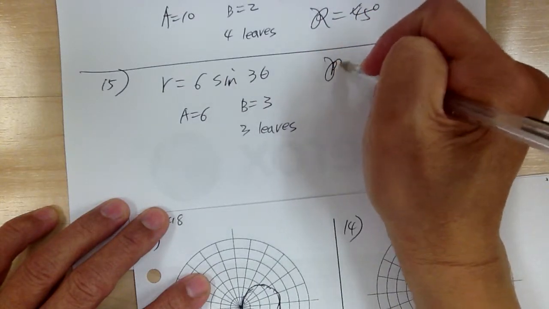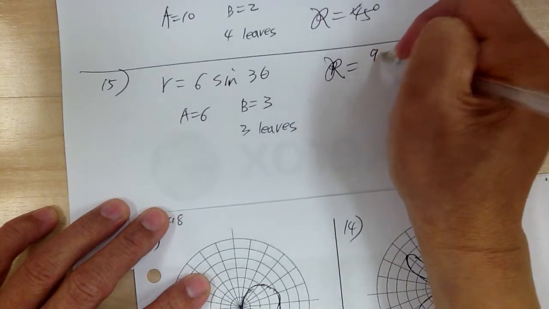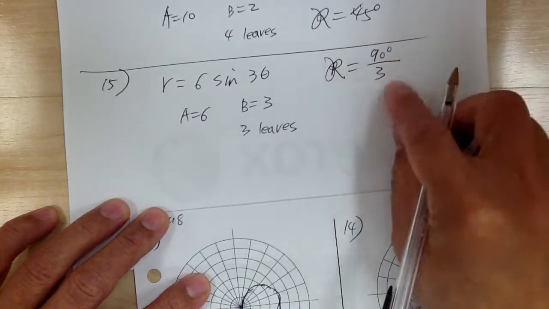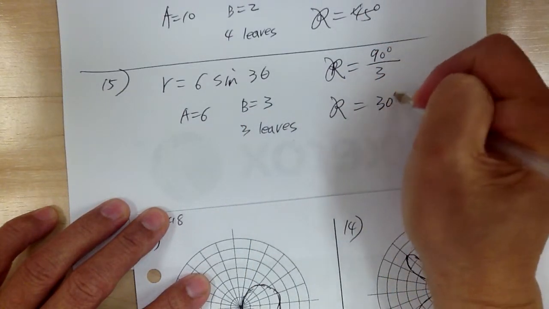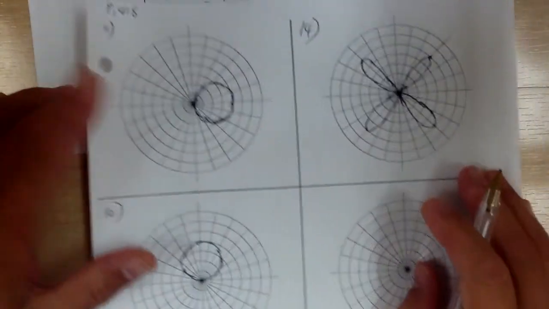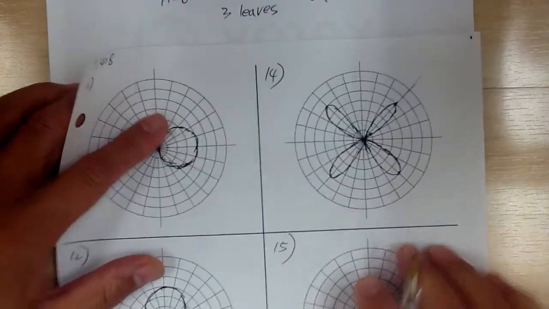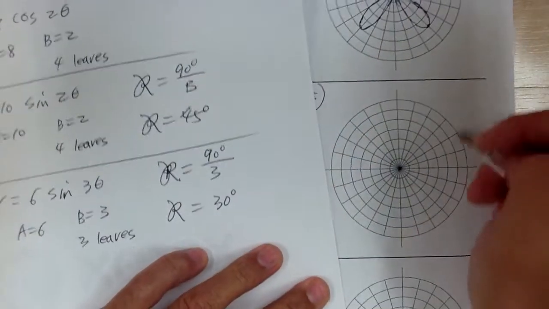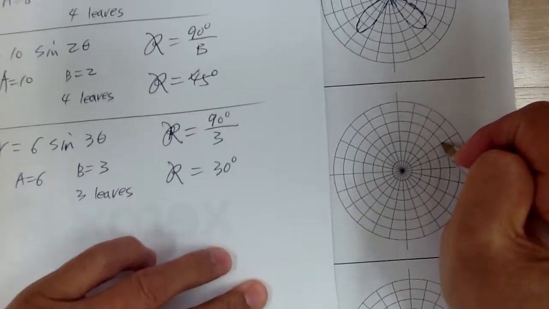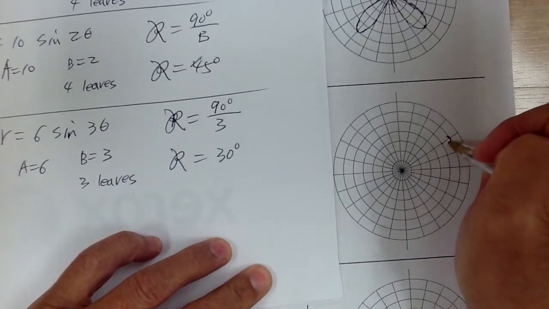Rotation would be equal to 90 degrees divided by B, and B is 3, so the rotation will equal 30 degrees. So for number 15, you're going to start at 30 degrees, right over here, and A equal to 6, so it's right over here.